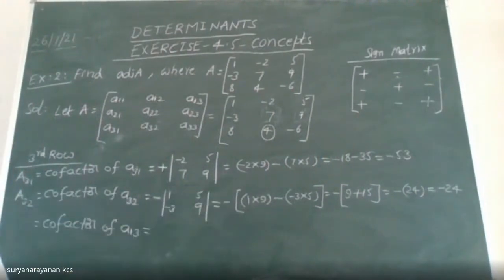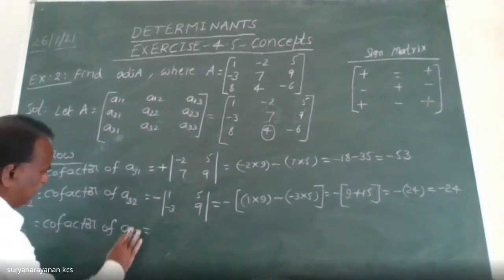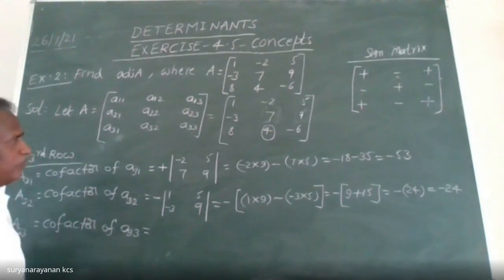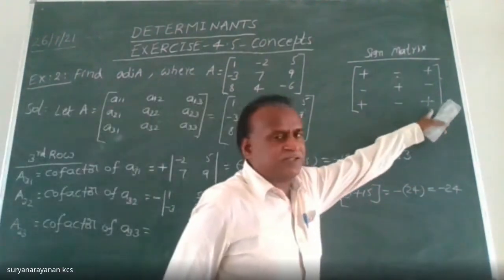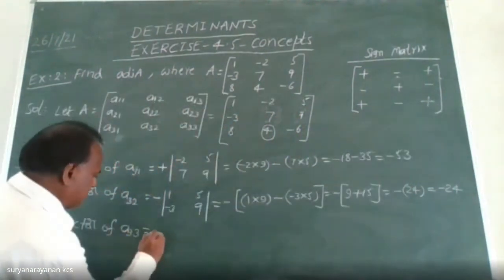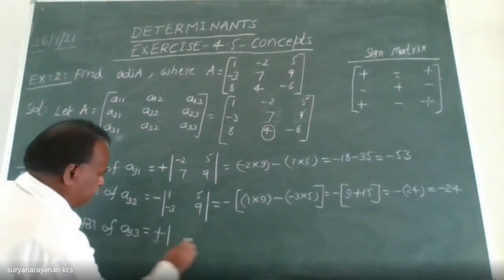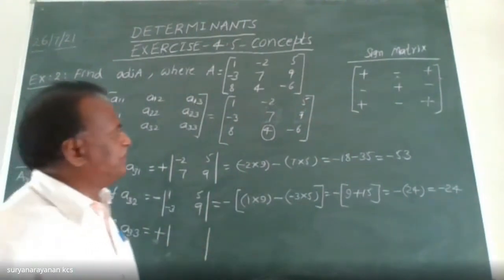Okay, my children. Now, finally, we have to find the cofactor of A33. It is denoted by capital letter A33. Remember these notations and their meanings. So, A33. What is the sign matrix here? Plus sign. So, plus. What is the minor of this element?